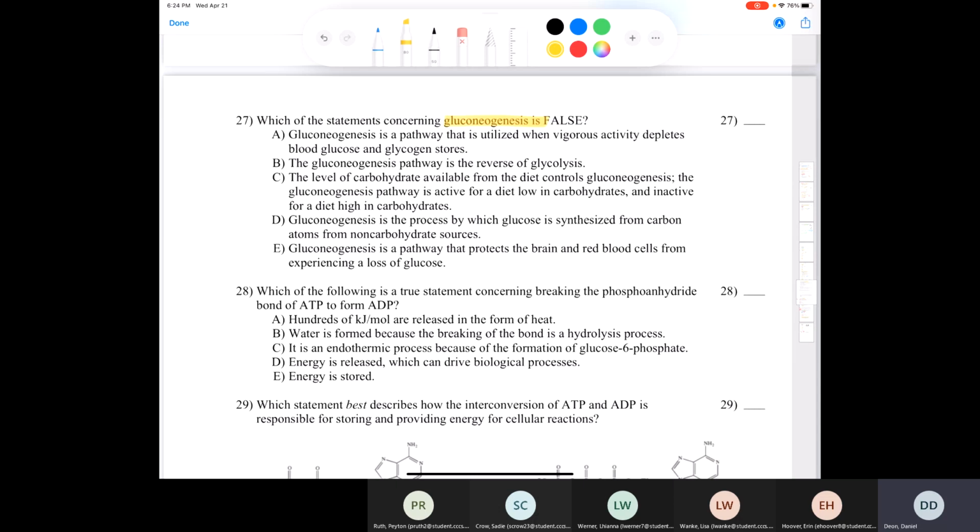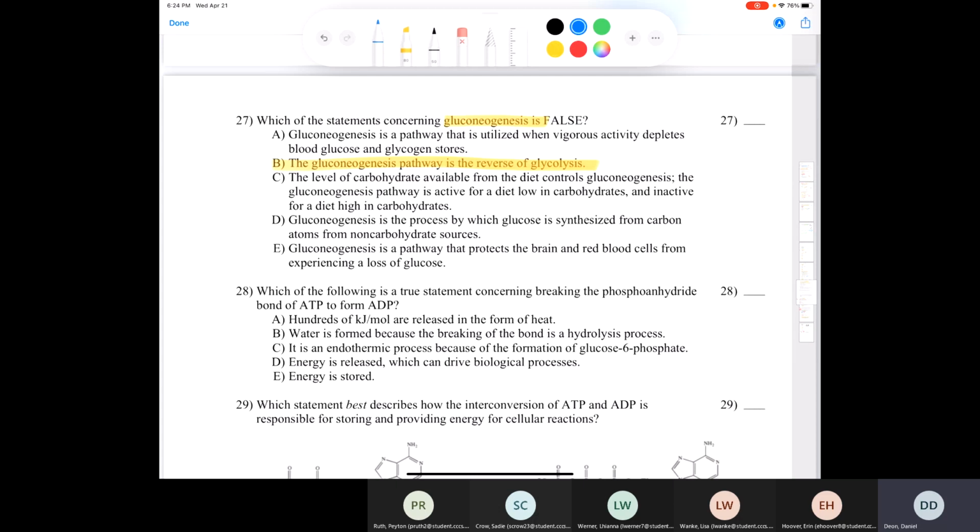Gluconeogenesis is the reverse of glycolysis. That is in fact false. And we went over that in lecture, and we said how steps 1 through 10 of glycolysis cannot be simply reversed in order to synthesize new glucose from non-carbohydrate starting materials. If gluconeogenesis was simply the reverse of glycolysis, the 2 processes would be useless, right? They'd just be competing with each other.